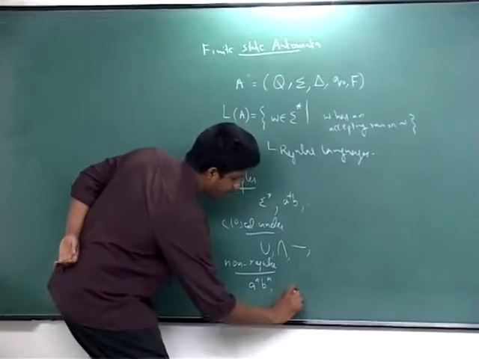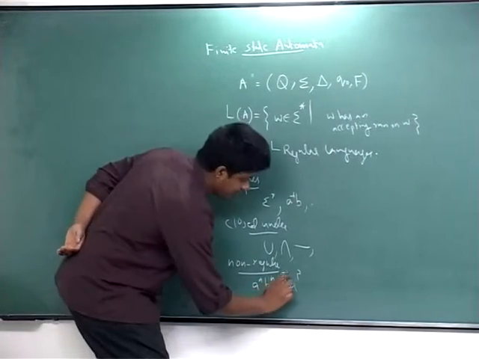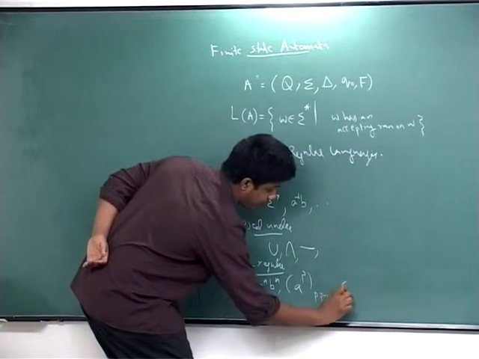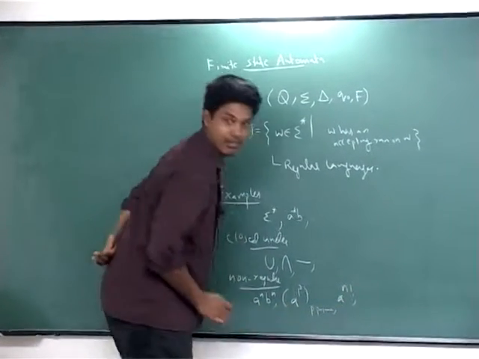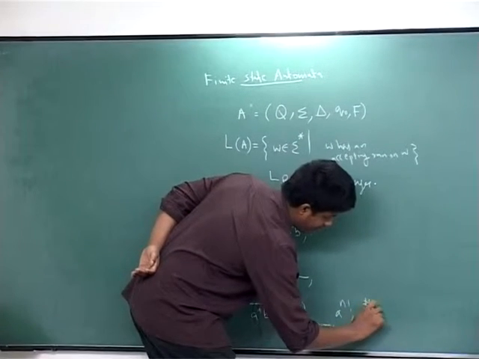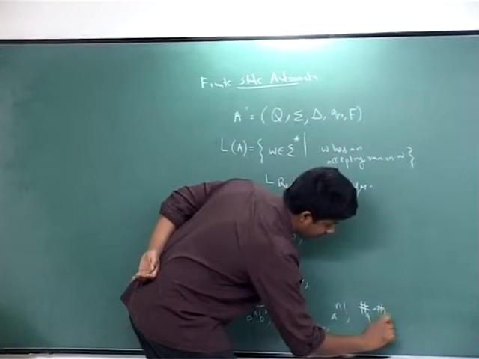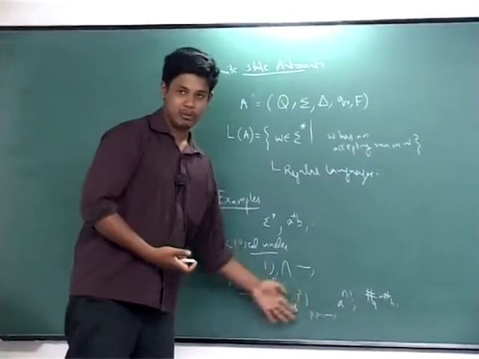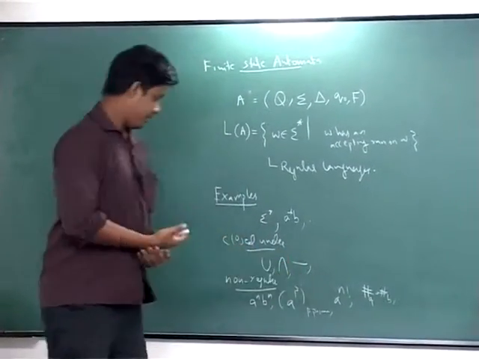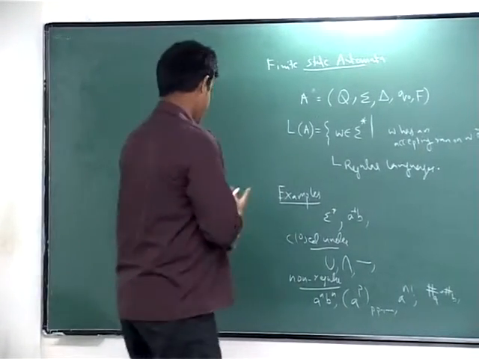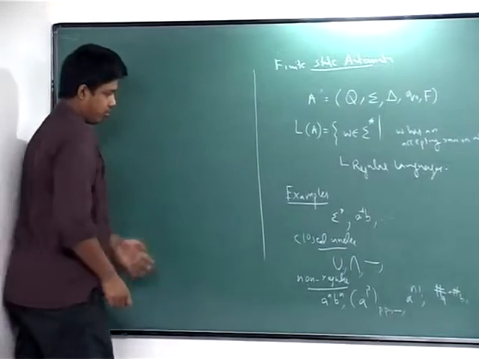A power p for primes, right? A power n factorial, number of a equal to number of b. So you see that it can't accept pretty much anything non-linear, right? So what we are going to do today is, we'll do some examples.